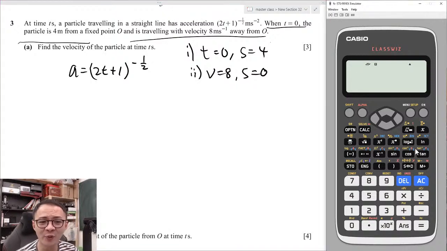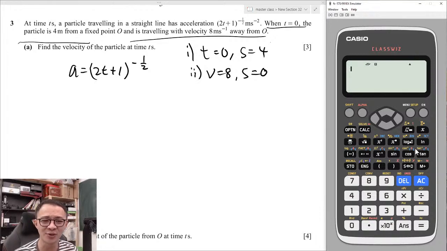I think the 991 version is just the solar one, isn't it? Yeah, the MS one should be the black color one. I think it should be fine, but if you ask me, I always recommend students to get a more advanced calculator. It can do more things for you as long as your teacher allows you to bring it into the exam hall.